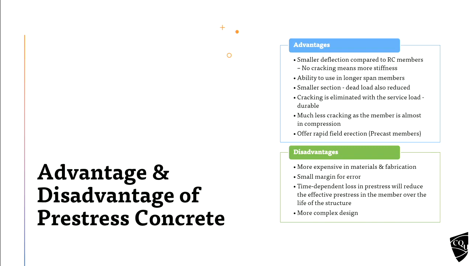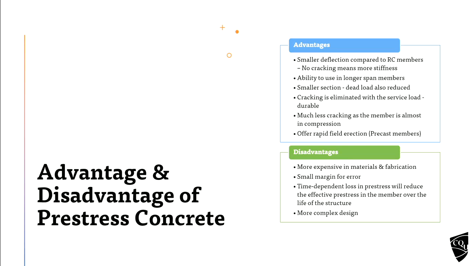And also, unlike the RC beams, you can cast the pre-stressed beams somewhere else and bring them to the site and assemble. So pre-stressed concrete or precast concrete can be cast somewhere else and assembled at the site. So the construction is faster, because in RC construction you need to put the formworks at the site, put the reinforcements and put the concrete.